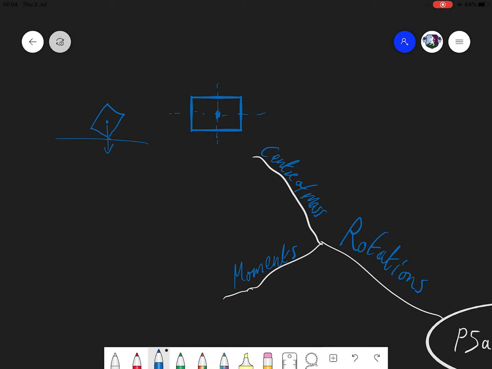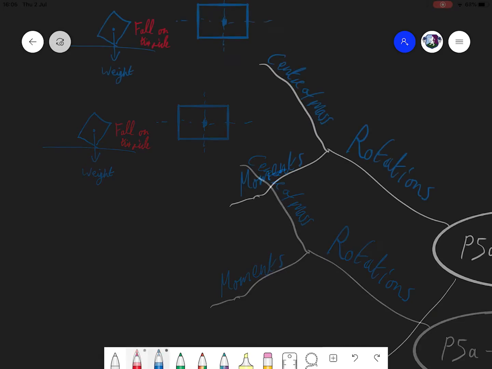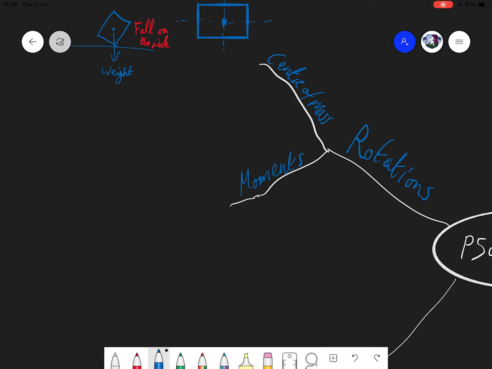But the main relevance for this is if we have an object with weight acting from its center of mass and you try to topple it, as long as the weight passes through the corner or is on a lower angle than the corner, it will remain balanced, or it'll topple back to how it was. If the line of the weight passes the corner, it will fall over. Simple as that. So just think of the position of the center of mass, draw the line of the weight, see.